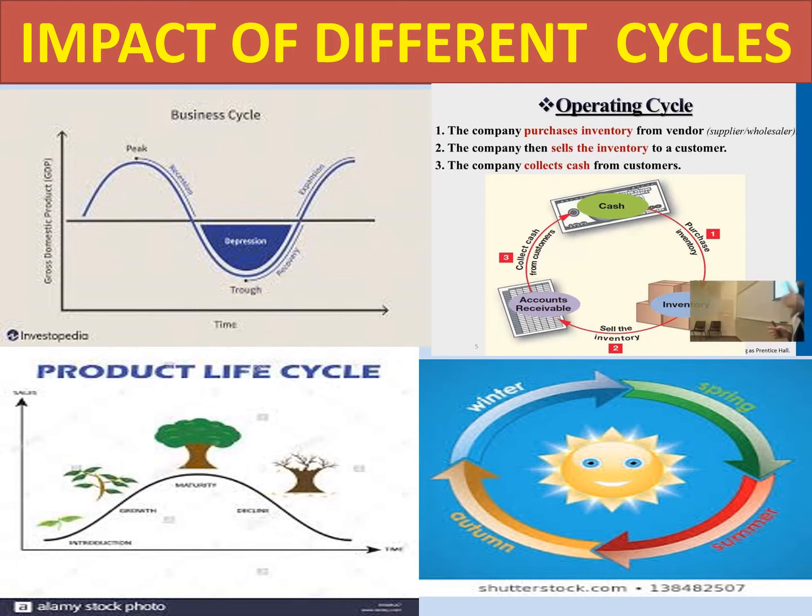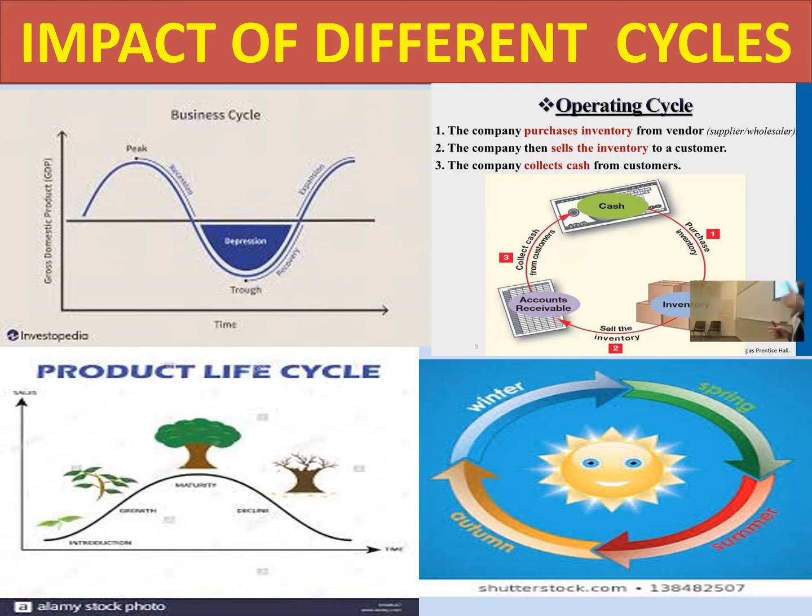Impact of different cycles. First, what you see is business cycle, where there is a boom phase, depression, recession is there, revival or recovery is there. At which phase you are, that would decide what amount of capital you need in the business.